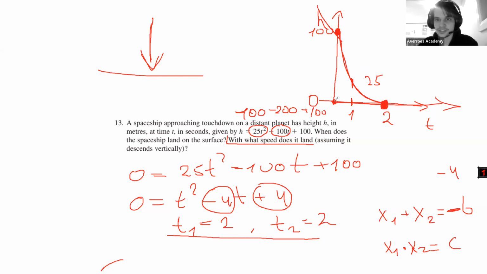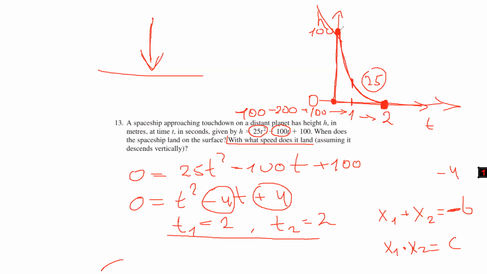So over the first second, we've been dropping down faster than after the first second, because from the first second to the second, we covered only 25 meters. You see? Does it make sense? Yeah.